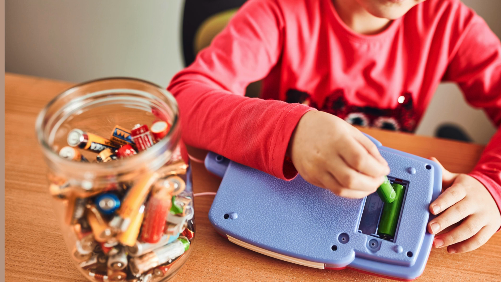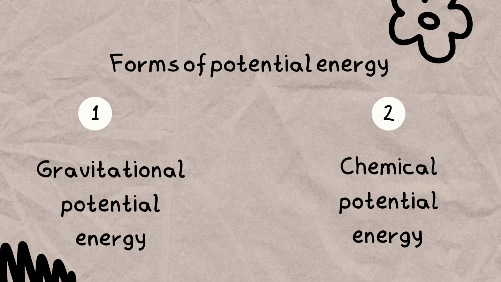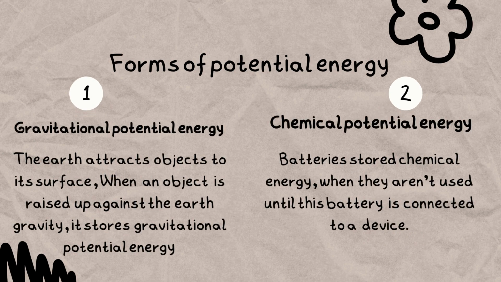Now we talked about forms of potential energy. We studied gravitational potential energy and chemical potential energy. With gravitational potential energy, the Earth attracts objects to its surface. When an object is raised up against the gravitational force, it stores gravitational potential energy.